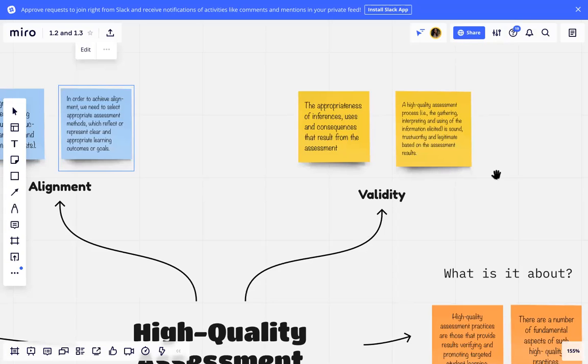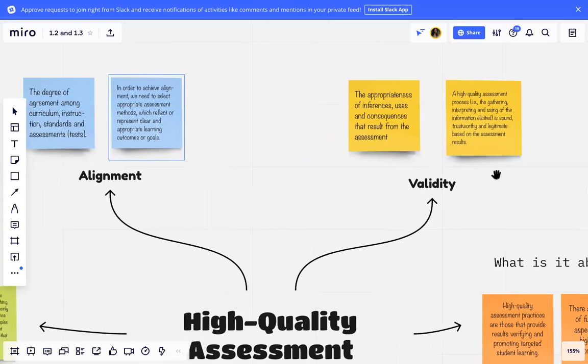This means that a high quality assessment process is legitimate based on the assessment result. So in this case, validity is what were the results of our assessment.